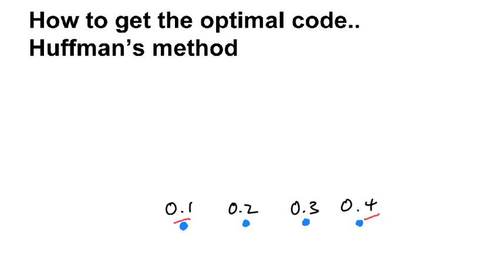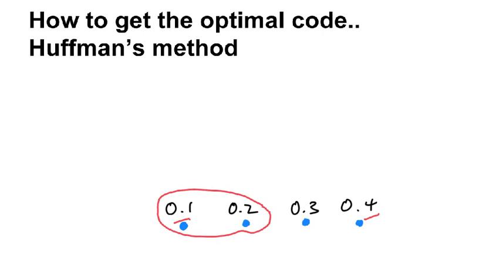Now, consider the two lowest probabilities. Get the nodes associated with the two lowest probabilities. As you can see, they are the ones with the probabilities 0.1 and 0.2, right? Alright, merge these two trees together like this.